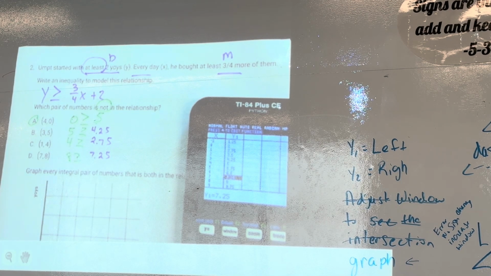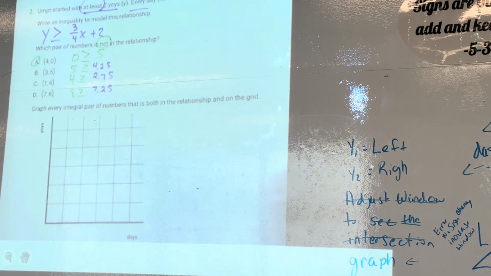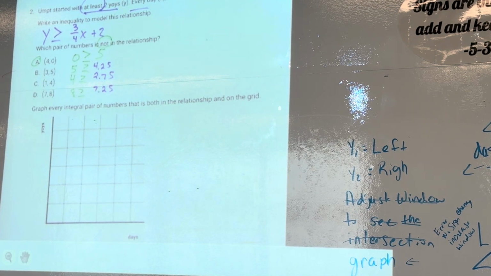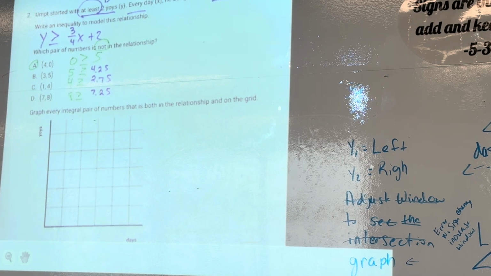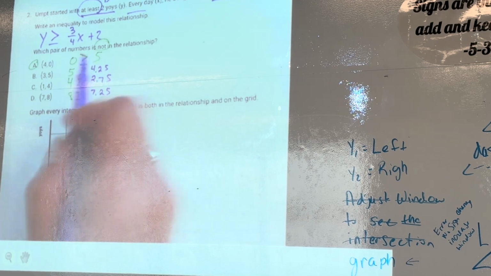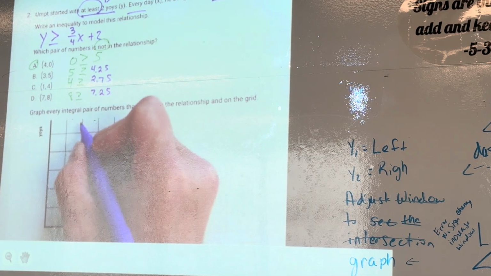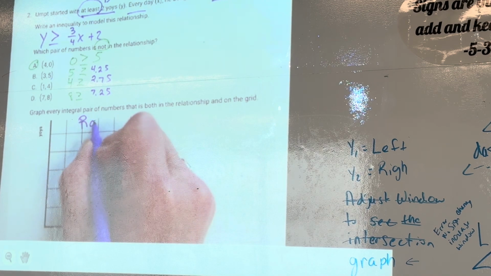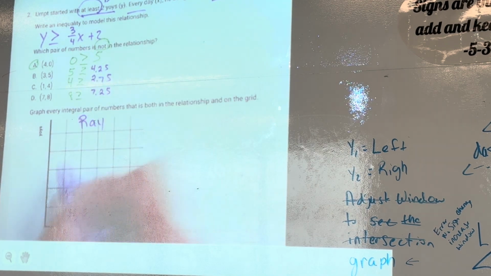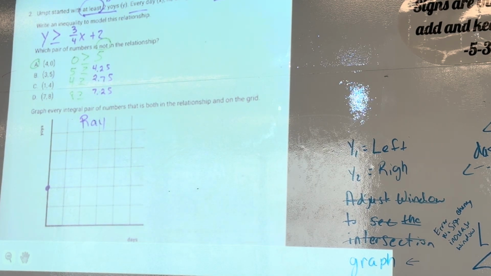Okay, what are we going to graph first? First off, is this a segment still? Our slope is 3/4, and it is not a segment. It is a ray, and our y-intercept is 2. So that's the first thing you have to plot. Then how many do we go up? 3.